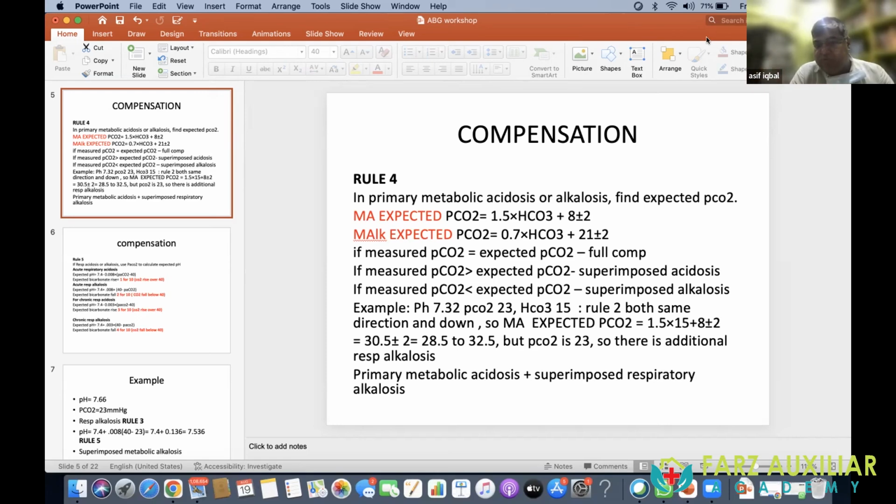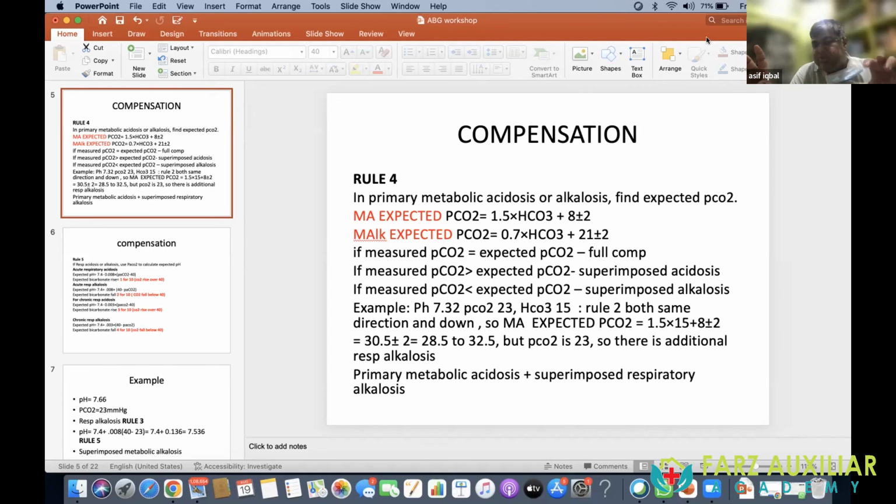If they give you the glucose value and the BUN value, then you will think they are asking a question on ethylene glycol poisoning.